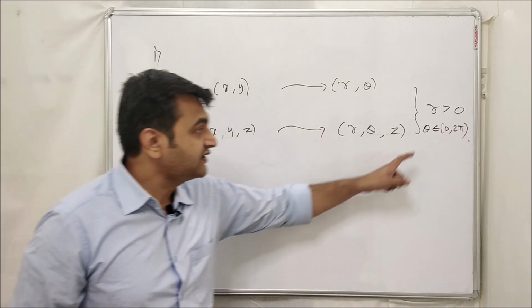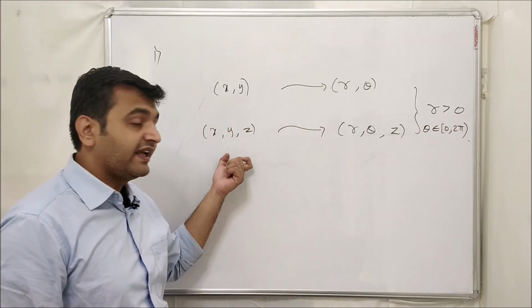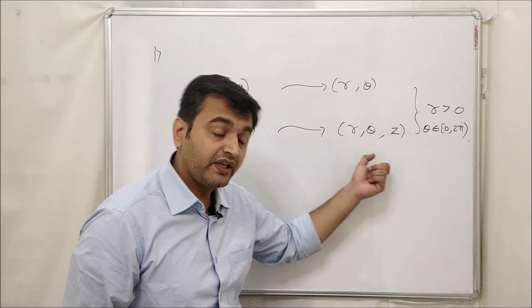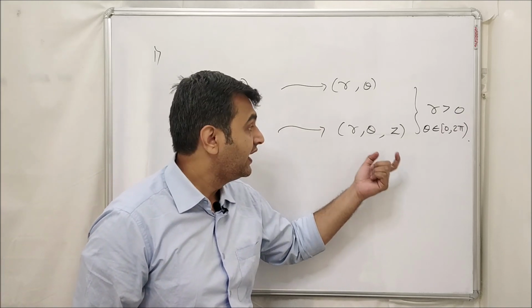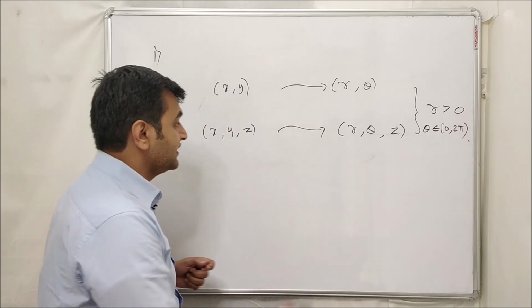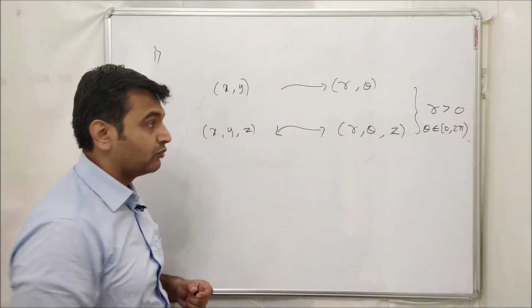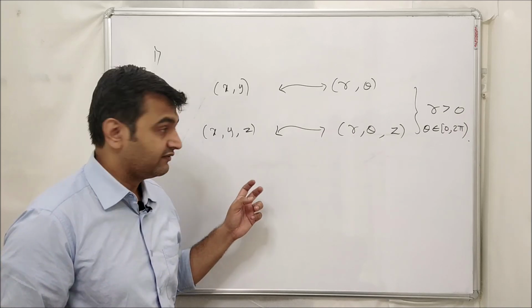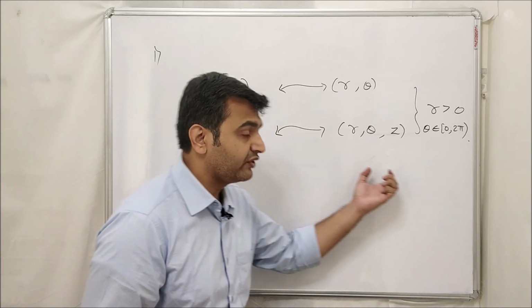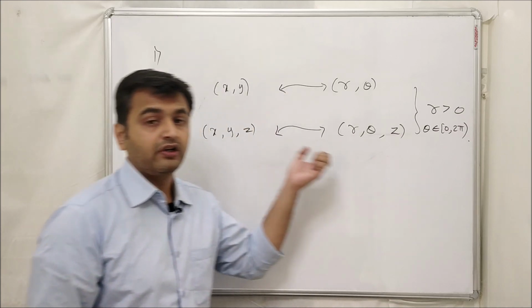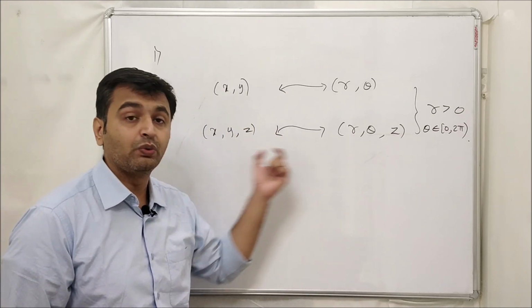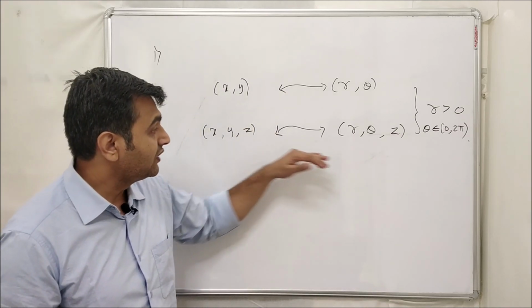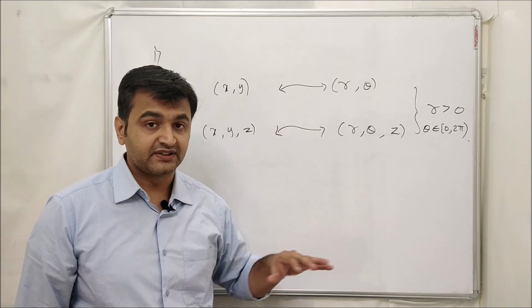With this restriction, given x comma y comma z, you have a unique r comma theta comma z, and given r comma theta comma z, you have a unique x comma y comma z. So it's a one-to-one correspondence, a one-to-one mapping.